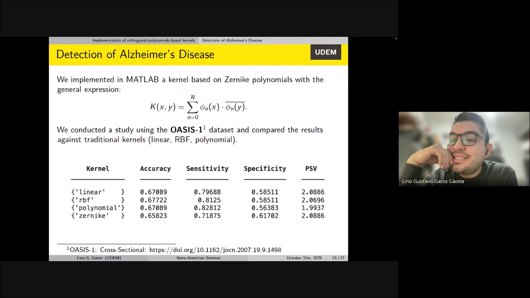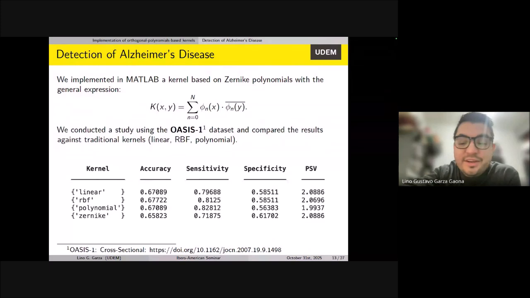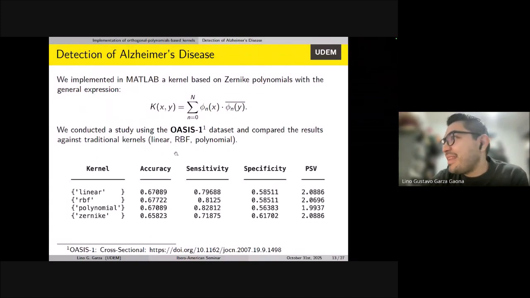It was challenging because all of them are in engineering programs, so they don't have a very good basis in mathematics, but they are very good students, and they were able to pull this off. We constructed this kernel based on Zernike polynomials and implemented the support vector machine, which is this algorithm to classify.